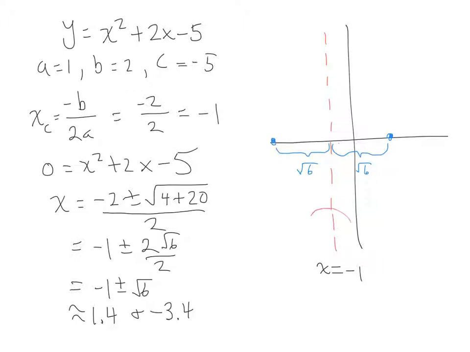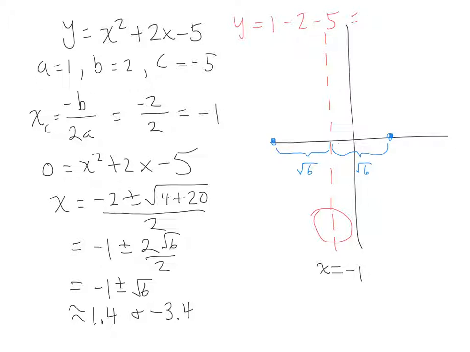So those give us our roots, and we know that the vertex must be, I'm just going to circle an area, down in here somewhere, since a is positive, which means it opens upward. So let's see if we can find that exact point, and what that means is we just need to plug x equals -1 into the original equation. If we do that, we're going to get y equals -1 squared, which is 1, plus 2 times -1, which is -2, and then -5.